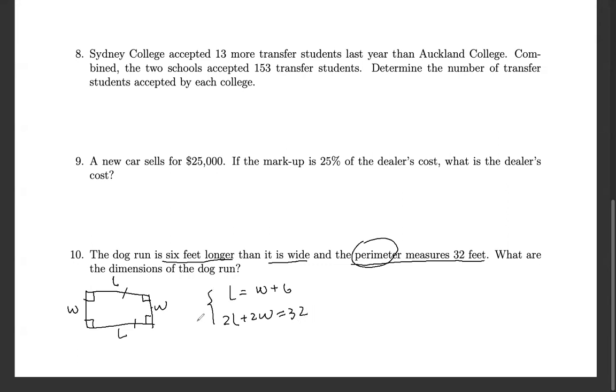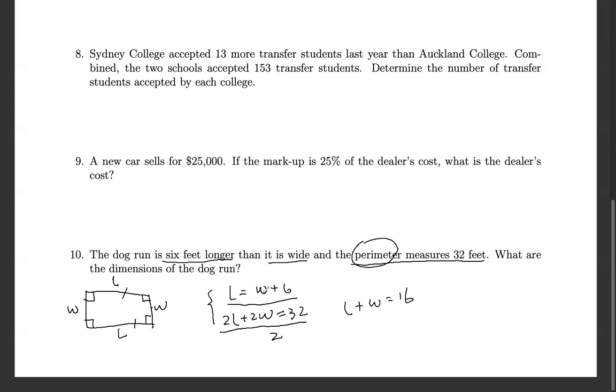So again, we have formed a system of equations. The first one gives us L equals W plus 6. The second one we can simplify. Let's divide by 2 for all three terms. 2L divided by 2 is L, 2W divided by 2 is W, 32 divided by 2 is 16. So we have L plus W equals 16.